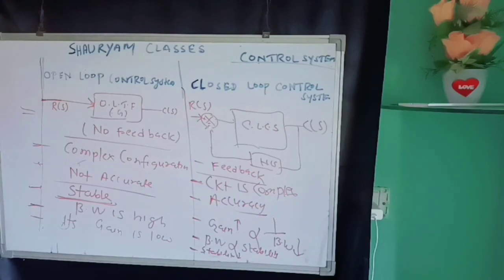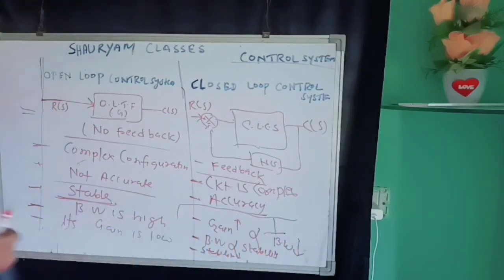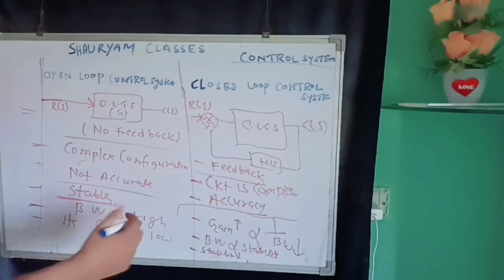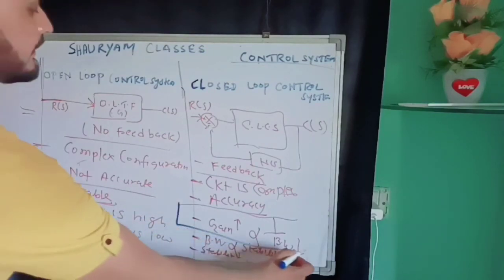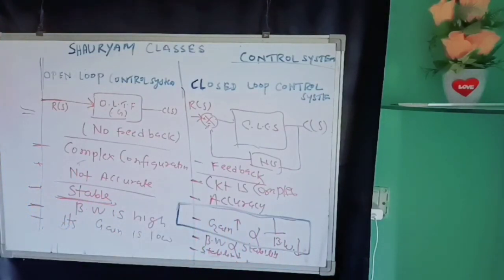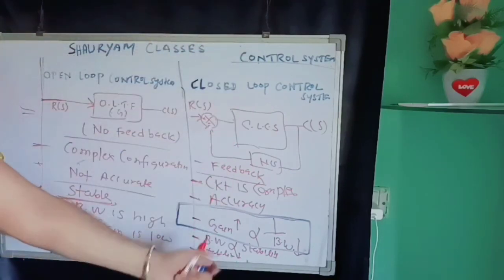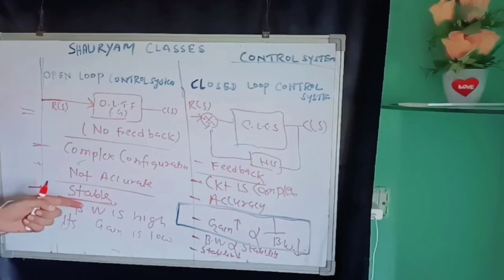Okay, so by this relationship between the gain and bandwidth, we can easily calculate the stability and the gain relationship. In case of the open loop control system, gain is low, but in case of closed loop control system, gain is high. Bandwidth is high in case of open loop control system and bandwidth is low in case of closed loop control system.